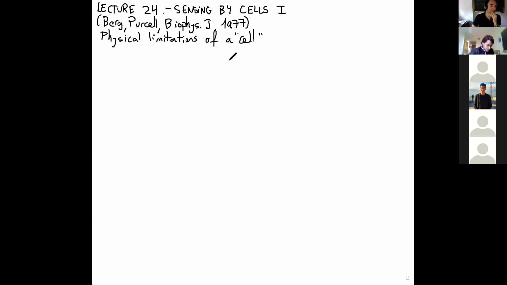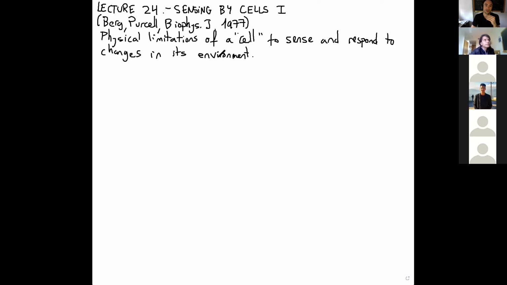Of a cell to sense and respond to changes in its environment. Okay, so physical limitations, by this I mean that fluctuations will be very important.